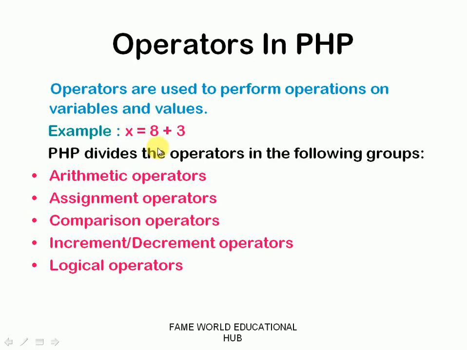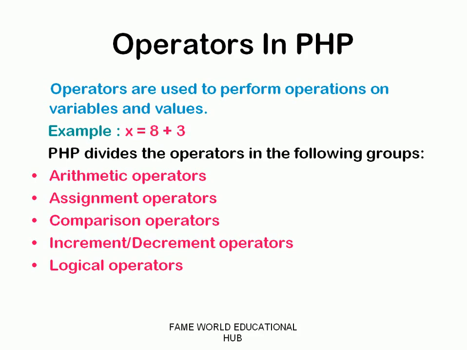So what is this? Here we are having 3 things, x, 8 and 3, and there are 2 symbols used, equal to and plus. The things which are making some operations on the variable x and the constants 8 and 3, these symbols, are operators. Operators are the symbols which are used to perform some operations on some variables or values.